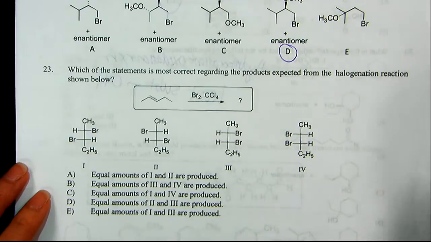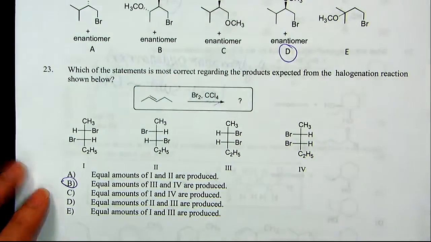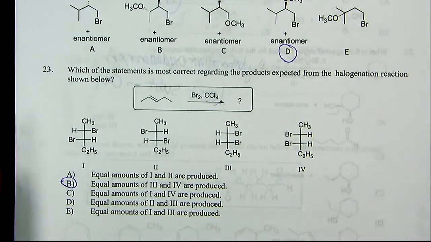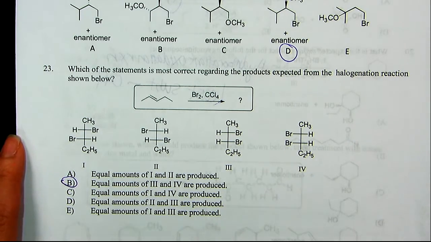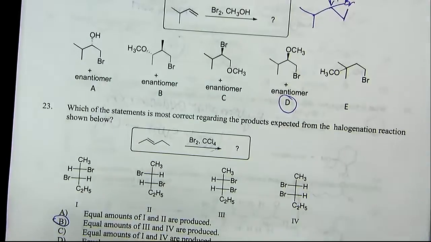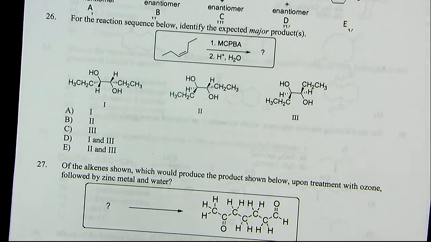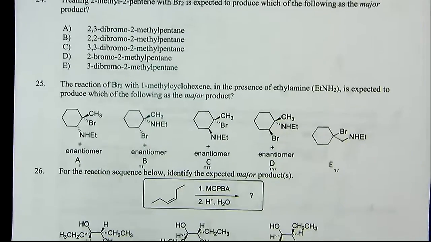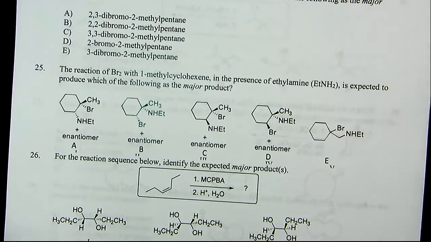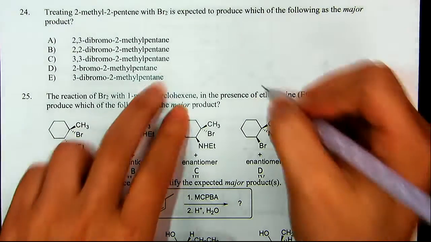Alright, 23, which of the following statements is correct when you do the halogenation reaction? So Br2 in CCl4, this is a solvent. You're going to add two bromine groups to that position, and you're going to form an enantiomer system, which should be B. When you do that, make sure you do the chirality for it, and then draw the Fischer projection from that. Again, you can do it like I did earlier, with Fischer projections. It's trial and error. Number 24, treating 2-methyl-2-pentene with Br2, what's the major product?